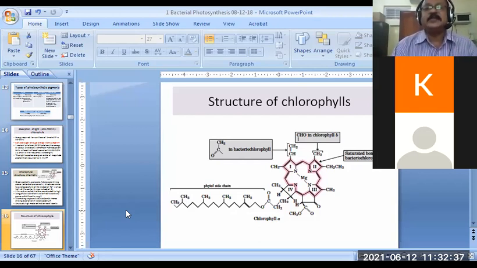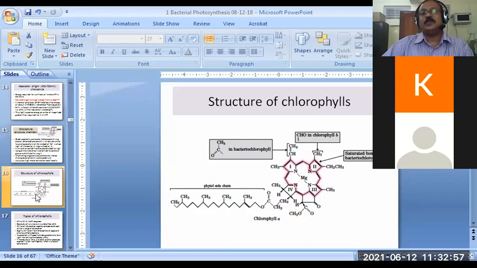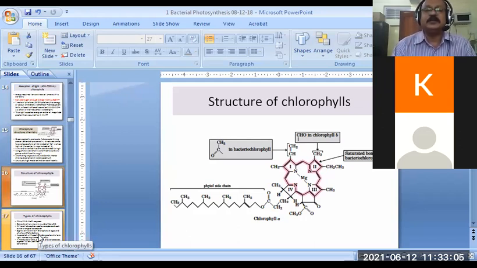These alternating single and double bonds are responsible for strong absorbance of the visible light. So chlorophylls are able to absorb light because of them. This is also called the conjugated structure, and because of it the molecule is able to absorb sunlight, which is a very important part of photosynthesis.